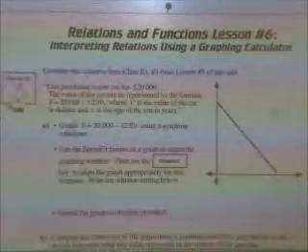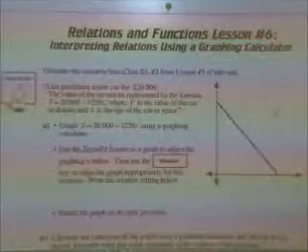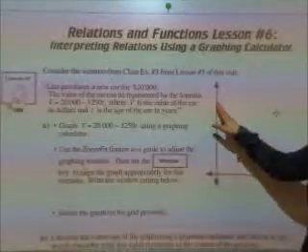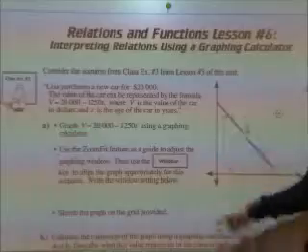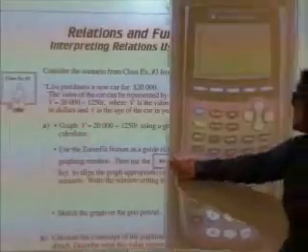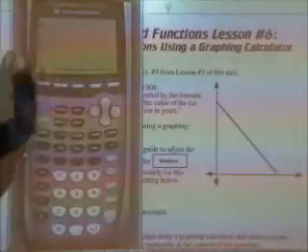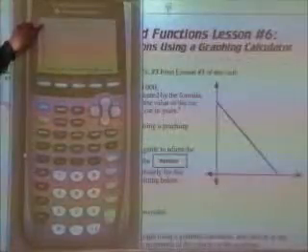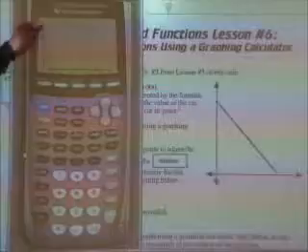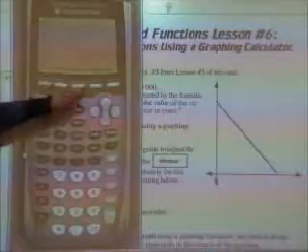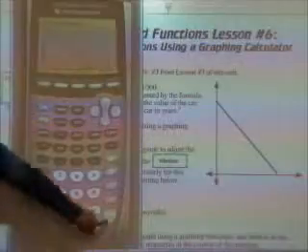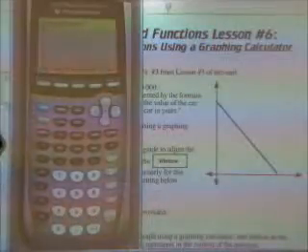What I will eventually want to do is label these points. And this point, I could label already. We already did the question, but even if I couldn't, I could find out the value of this point how? Trace, and then what do I press? 0. And I get 20,000.